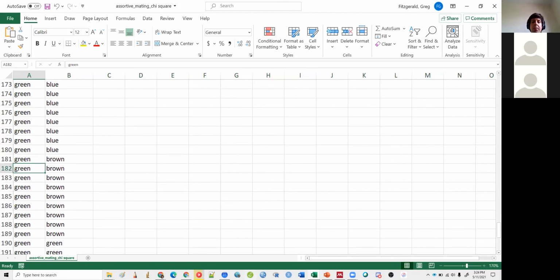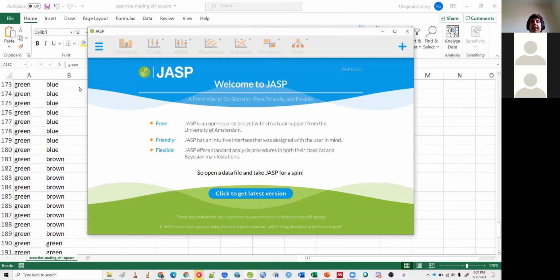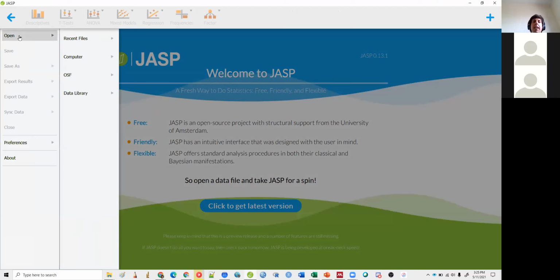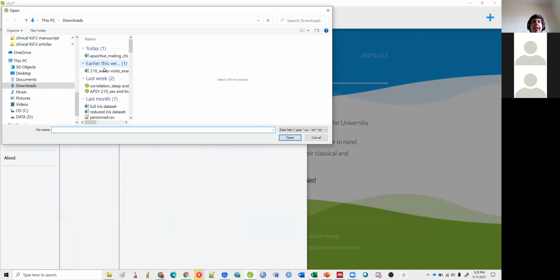In order to open this up in JASP, I would recommend simply downloading that CSV file, and be sure when you download it not to add anything else to it or modify it. Once you're in JASP, we're going to open this kind of file by going to Computer, and going to wherever you have your files.